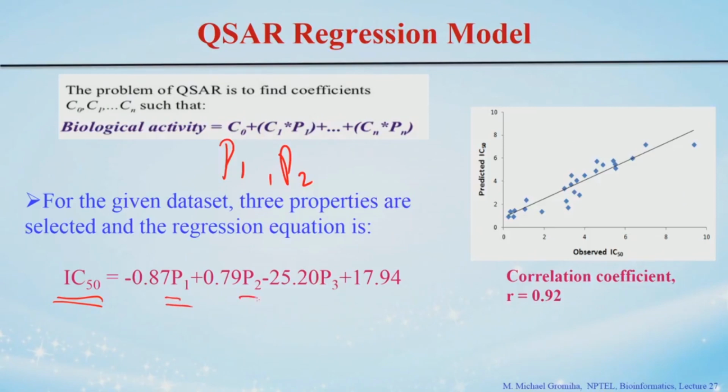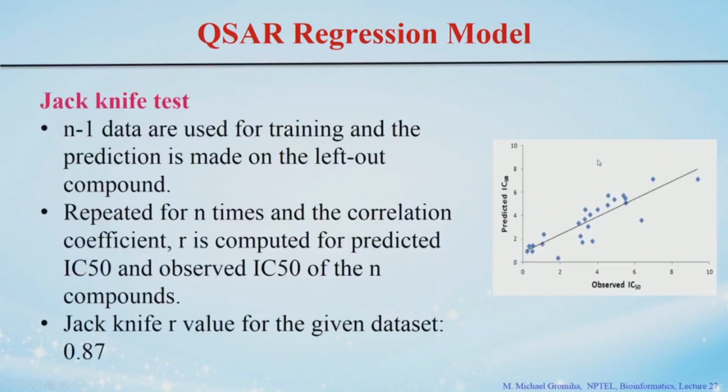Here I put P1, P2 and P3, three different properties, right. So, with some coefficients, right. If you see this equation, right, then here this is the observed and predicted IC50 values, most of them are very near to the line, right, this is the trend line, right. So, compared with this one, we can improve, right, very significantly when you combine few properties, right.